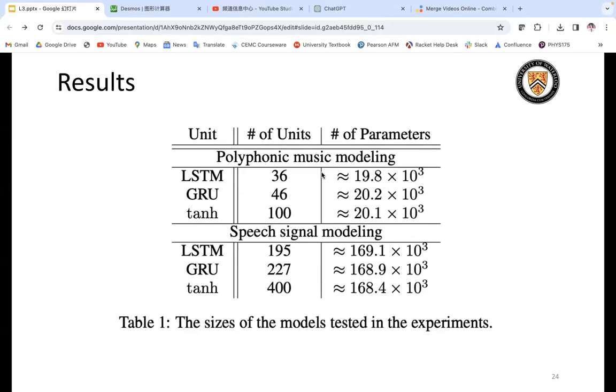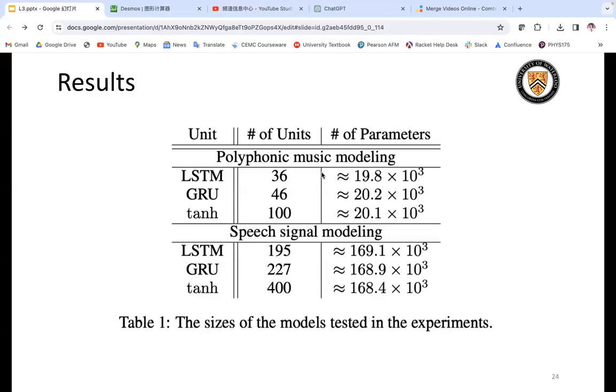For the second task, which is speech signal modeling, the long short-term memory has 195 units, and the number of parameters is 169 times 10 to the power of 3. For gated recurrent unit, we have 227 units, and the number of parameters is 168.9 times 10 to the power of 3.